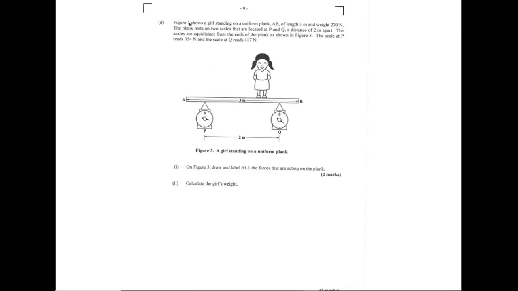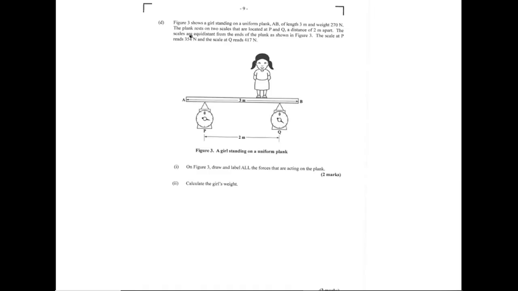So it says, figure 3 shows a girl standing on a uniform plank, AB, of length 3 meters and weight 270 newtons. The plank rests on 2 scales that are located at position P and Q, a distance of 2 meters apart.